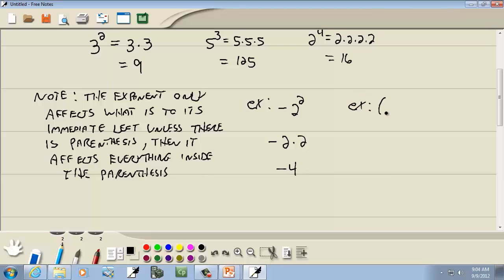Now compare that against, if I do want the negative to be affected, I would put parentheses around it like this. Exponent only affects what's to its immediate left unless there's parentheses, and here's parentheses, so it affects everything inside the parentheses. So this would become negative 2 times negative 2, which would give us positive 4. So that's what that note is saying.